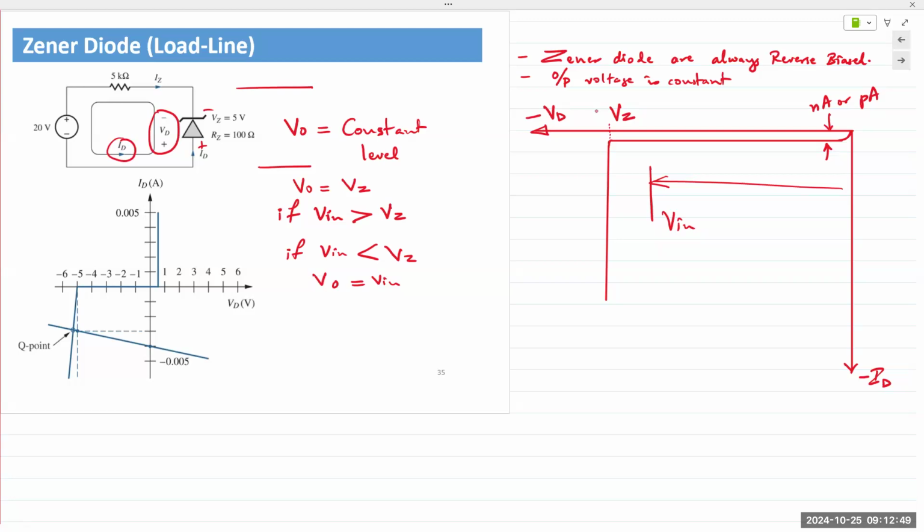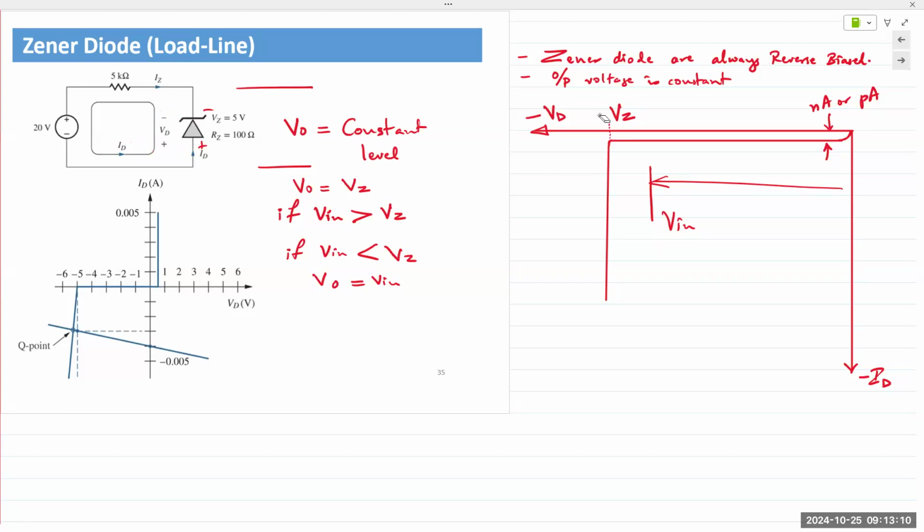But for the Zener diode itself, we ignore the ID and VD. I will use them for this example, but going forward, we'll exclusively use just Zener voltage, VZ, and Zener current, IZ. And Zener voltage and Zener current are both opposite of VD and ID.